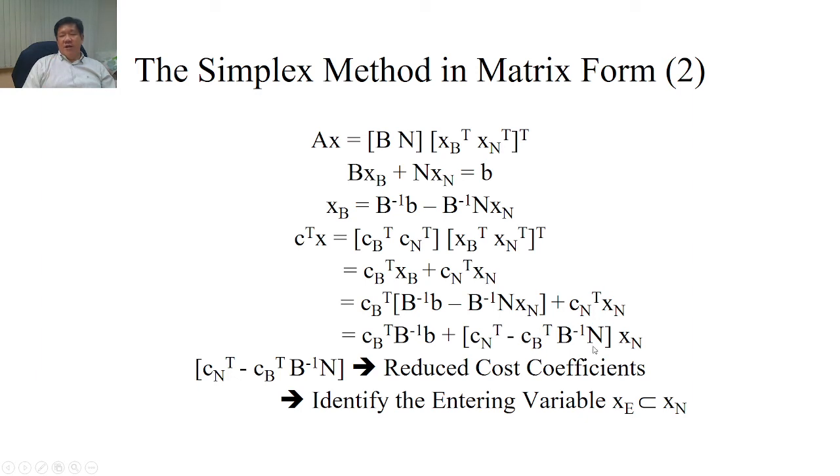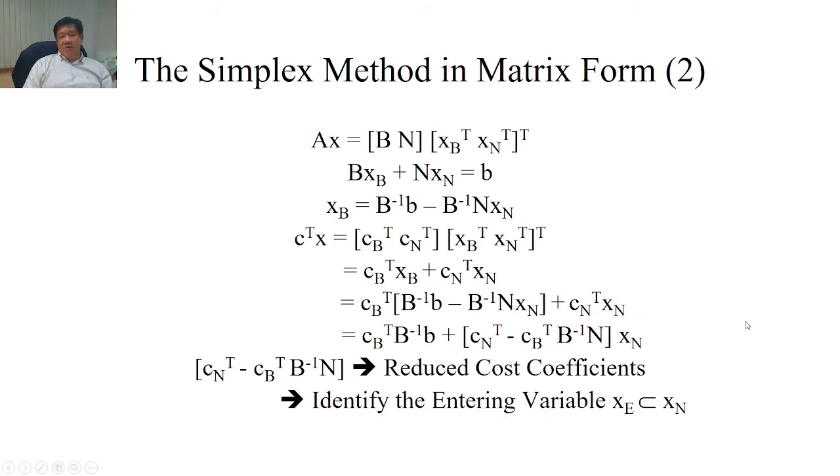If all of these are greater than or equal to 0, it means that you don't need any entering variable, because any entering variable, once you move it into the current basic x sub B, is going to lead you to a higher value of c transpose x, because you know that x is always greater than or equal to 0. Once all reduced cost coefficients are greater than or equal to 0, it's already been proven that c transpose x is at the minimum value.